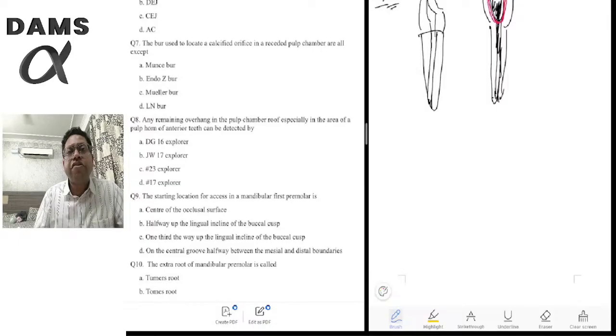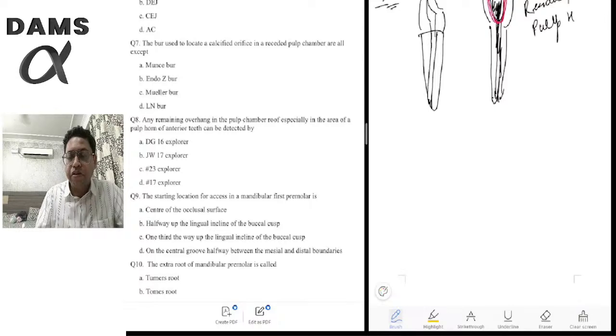And what is the disadvantage of leaving these pulp horns? During access cavity preparation, they can be the source of infection of the root canal. They can be the source of discoloration of the teeth by way of degenerated pulpal elements seeping into the dentinal tubules. So we have to detect these residual pulp horns.